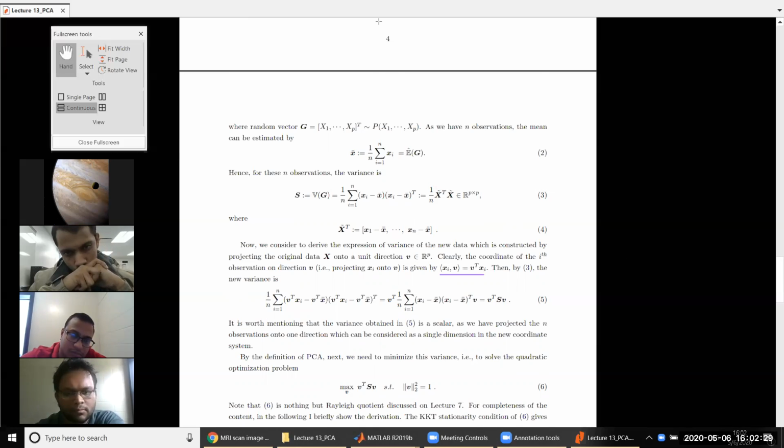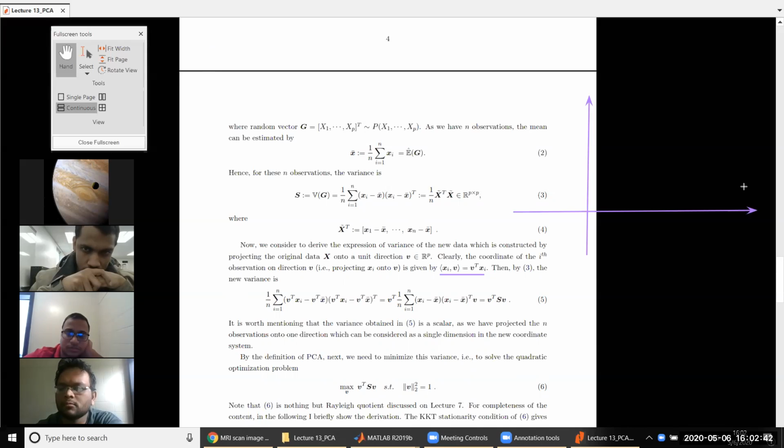Suppose, let me draw this. Can you see my screen? Consider this one. This is my original coordinate system. Now, for example, I have a point here.